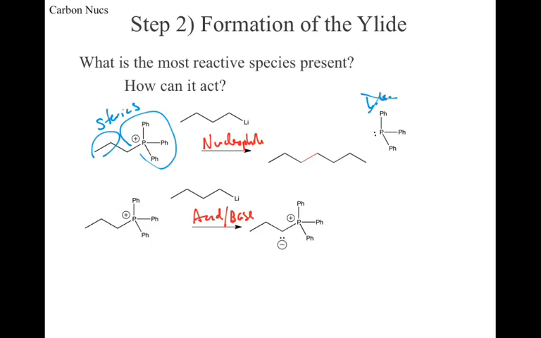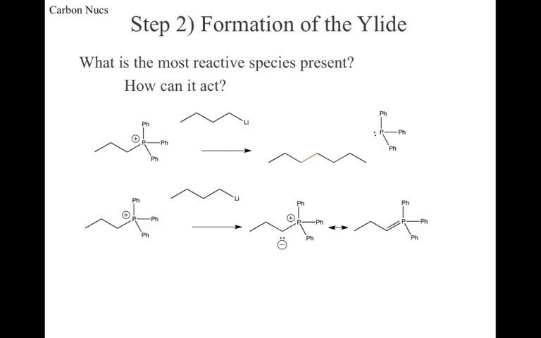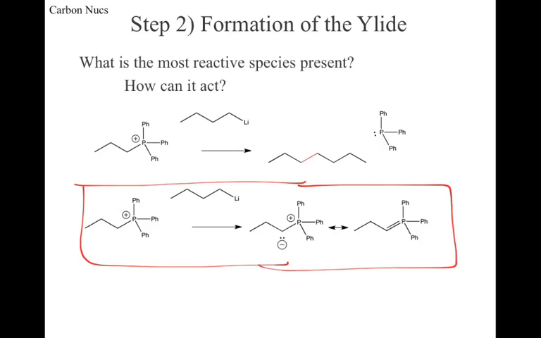We're generating negatively charged species. We've got this negative and the positive, except what happens if you've got a negative and a positive? We can generate a double bond. There is resonance stabilization of the acid-base reaction. That resonance stabilization is going to be the prime driver for why we see butyl lithium act as a base in this circumstance and not as a nucleophile.